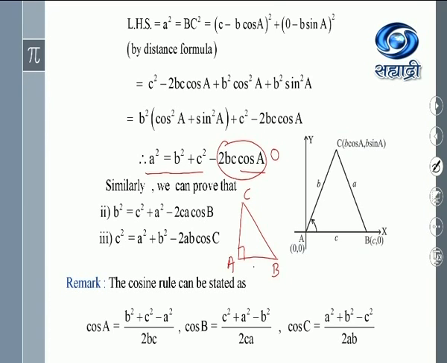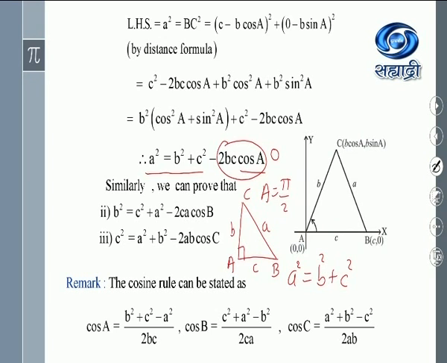Then you have a square is equal to b square plus c square. See, this side is small letter c, this side is small letter a, and opposite to the vertex B is small letter b. So the equation you got is a square is equal to b square plus c square when we are considering A as 90 degrees.